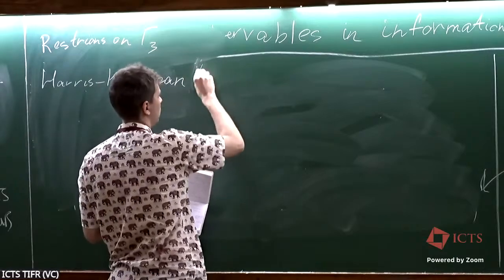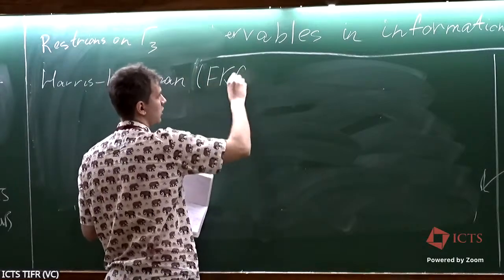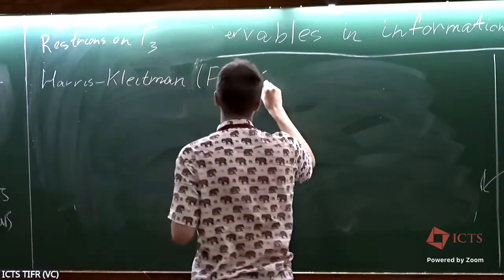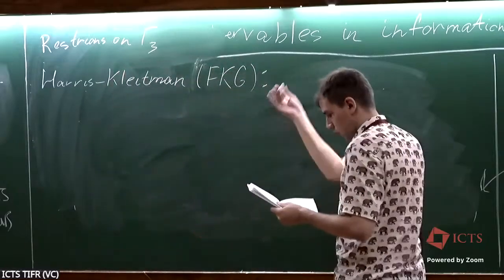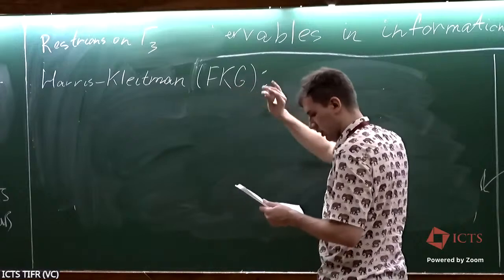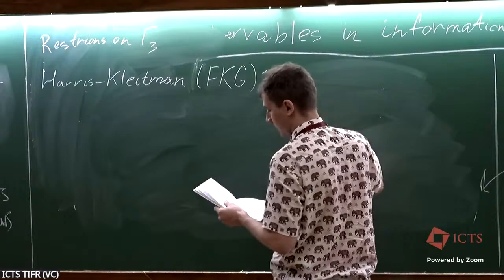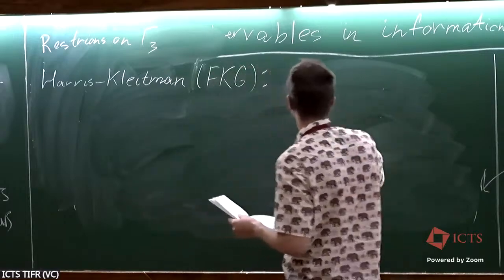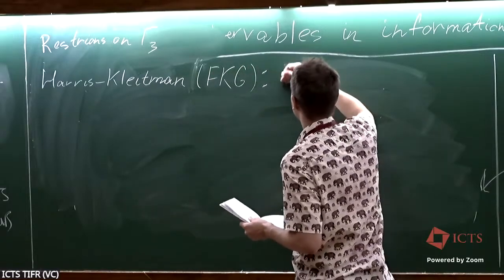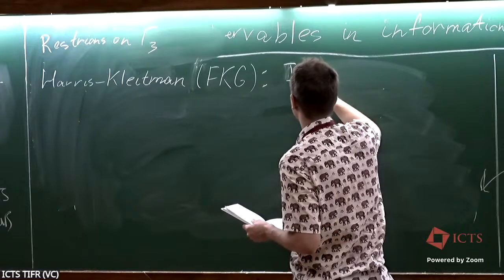So also for FK percolation, the same inequality is known as FKG, well, the more general version. So you can just say FKG. Yes, people do it anyway. So this inequality says that increasing events correlate non-negatively.